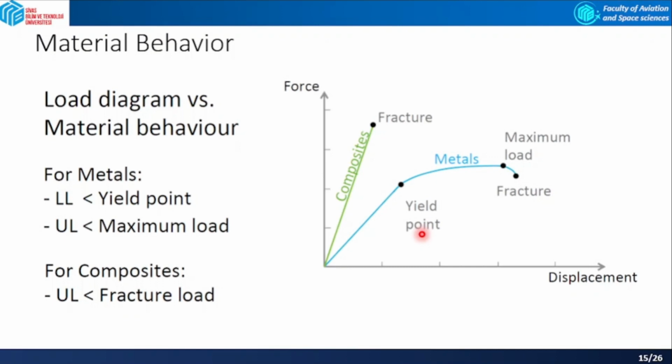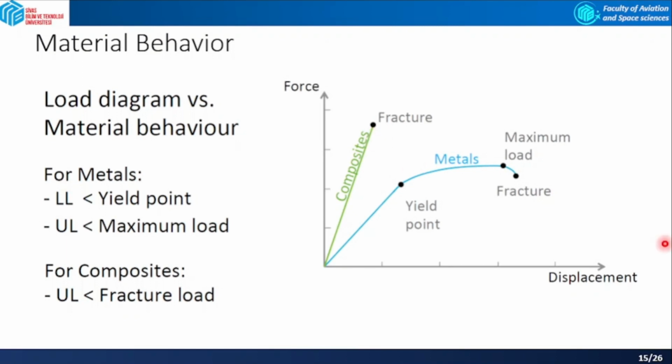While the ultimate load should be below the maximum load capacity of the material. So in the case of composites, the green ones, which remain elastic until failure or fracture, the ultimate load should be below the failure load.